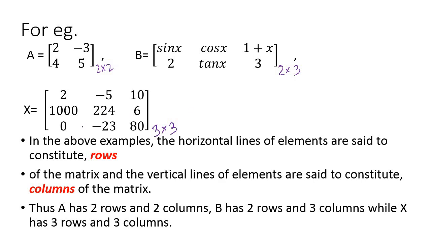You already know the horizontal line constitutes the rows and the vertical line constitutes the columns, and if you multiply the order 2 into 2, this gives the total number of elements: 2 into 2 is 4. This matrix has 4 elements. Likewise this matrix has 6 elements. Likewise this matrix has 9 elements.